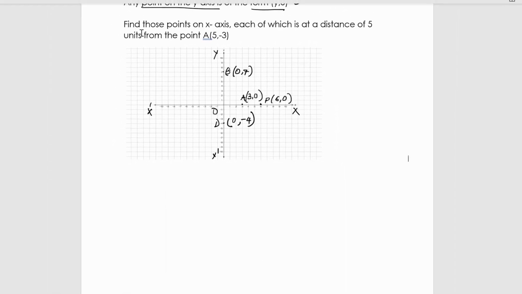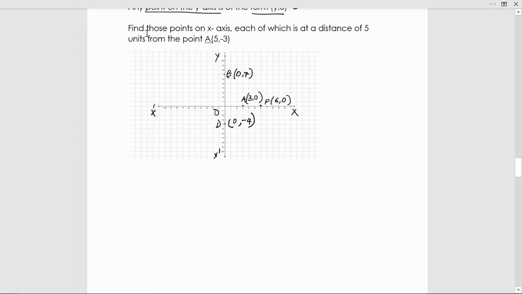So what's the problem? It states that find those points on the x-axis. There may be more than one point on the x-axis, each of which is at a distance of 5 unit from the point 5 and minus 3. So for example, here I have to find more than one point. Let's say I'm taking a point, say C here.